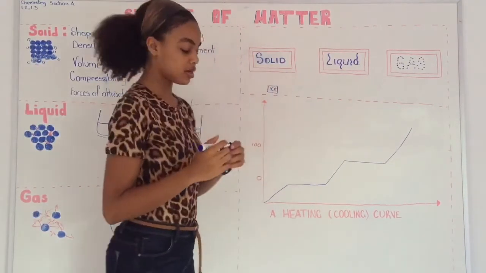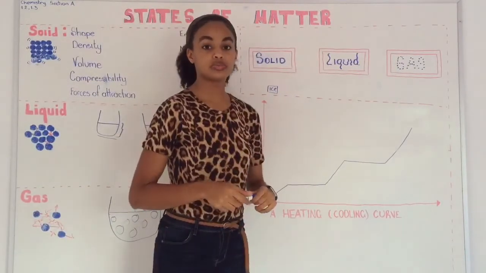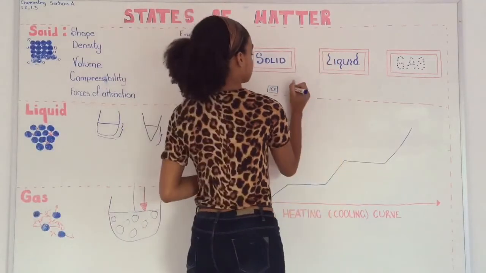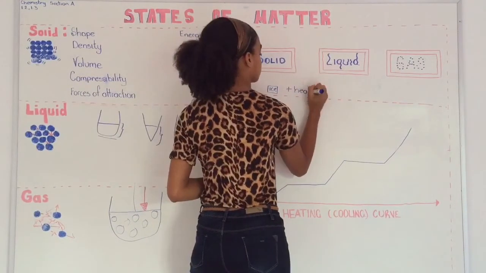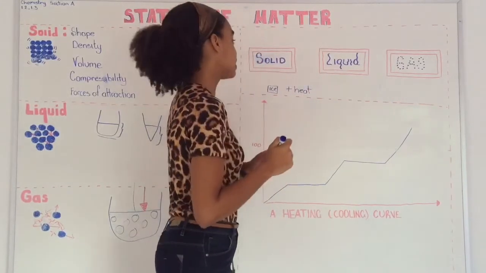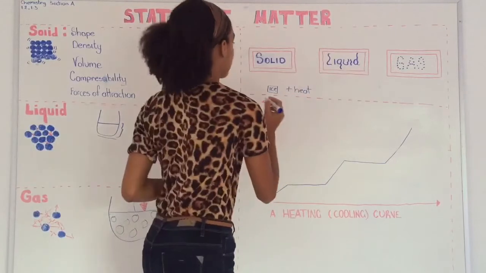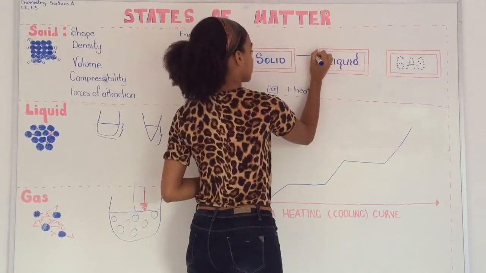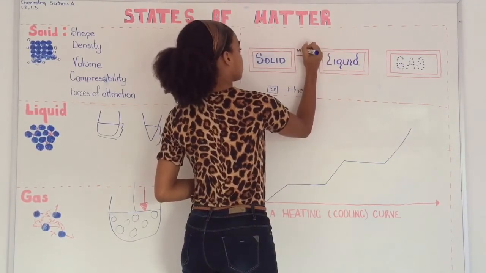That's our solid. If you want to make the cube of ice into liquid, what do you do? You add heat. And by adding heat, you melt the solid to form a liquid. So the process by which a solid becomes a liquid is called melting.